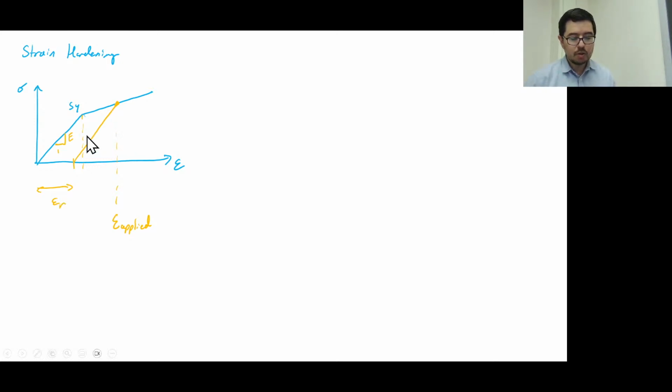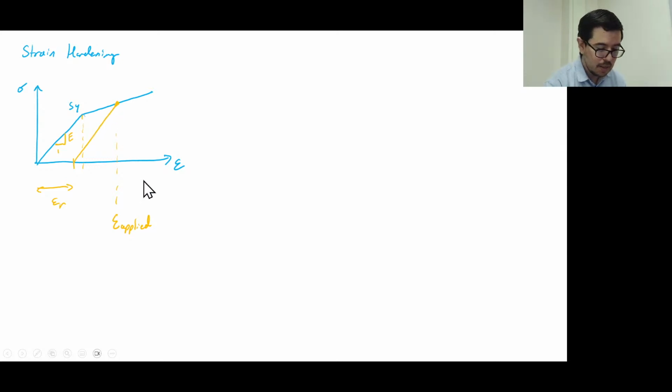So we have to calculate. This is a little bit tricky, right? If someone says I've applied epsilon applied, you've got to be like, oh darn, it's not that simple, because I have to know that I've already gone this far, and then I've got to keep going. I've got to figure out, okay, now this next slope, how much further up am I, right?